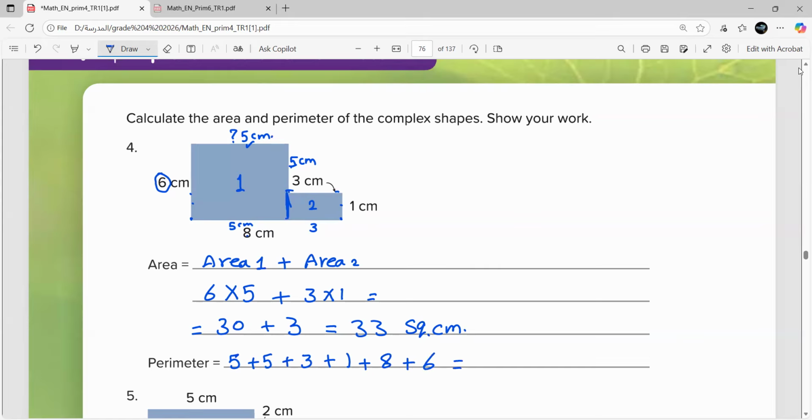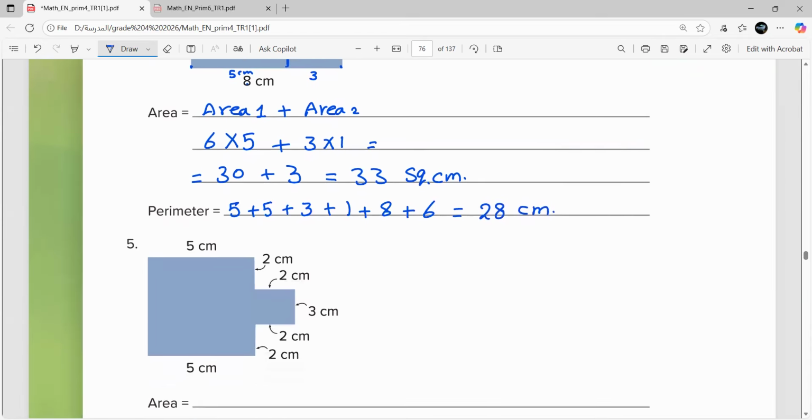You can start from any side, no problem. 5 plus 5 plus 3 plus 1 plus 8 plus 6. Now make plus: 5 plus 5, 10, 13, 14, 22, 28. So the answer is 28 what? 28 centimeter because it is the perimeter.